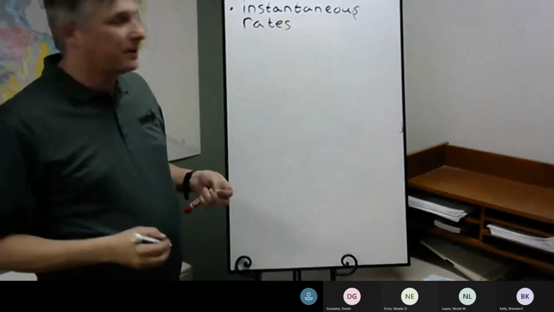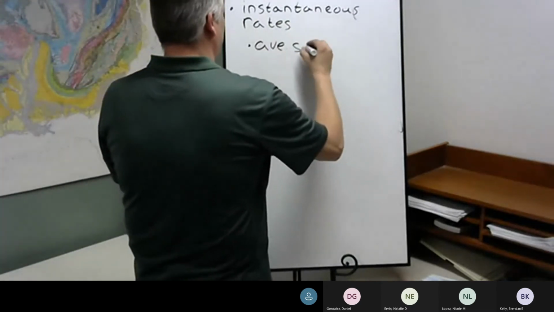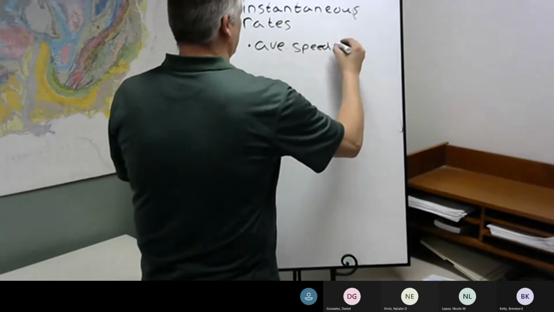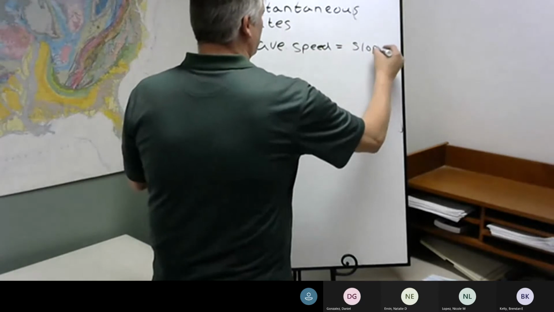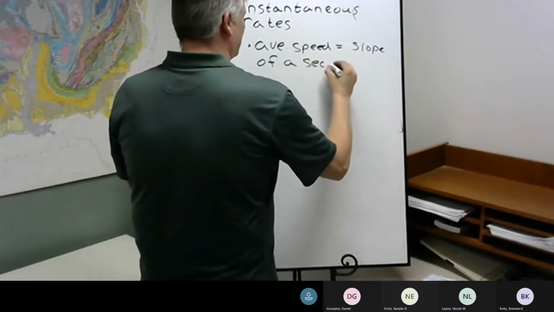The average rate or the average speed is the slope of a secant line.